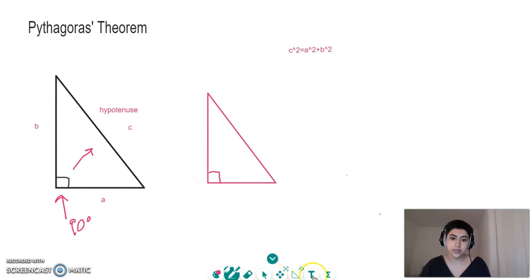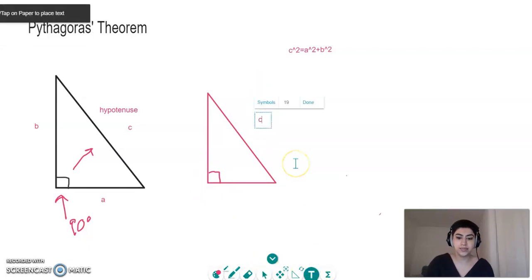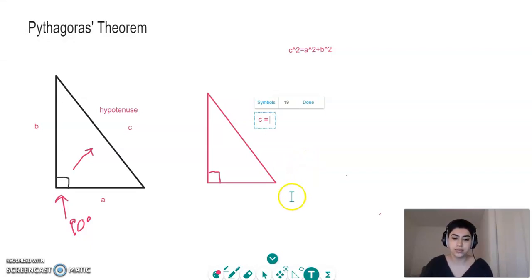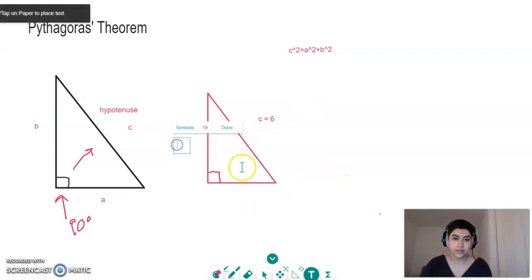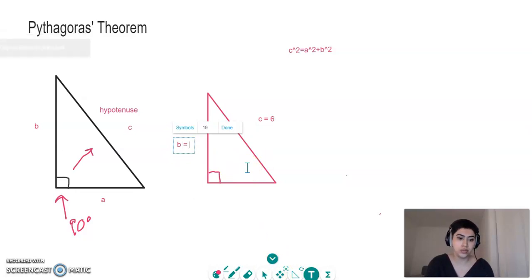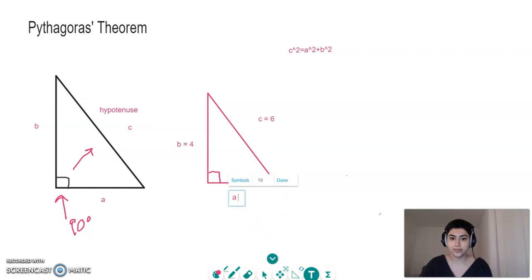So let's say we have C here, which we know equals 6. And then we have B here, which we know equals 4. Then what we want to do is resolve A. Right? So how would we rearrange this formula? C squared equals A squared plus B squared.